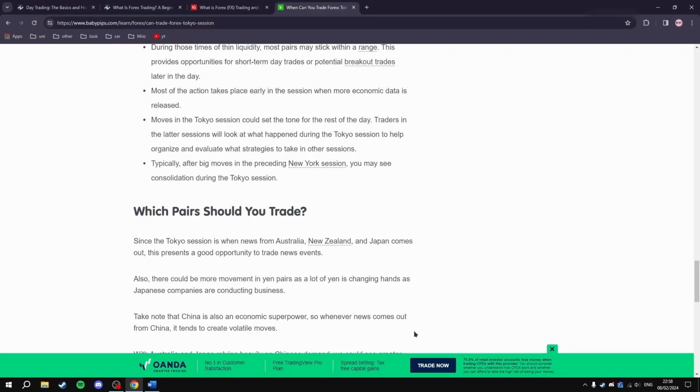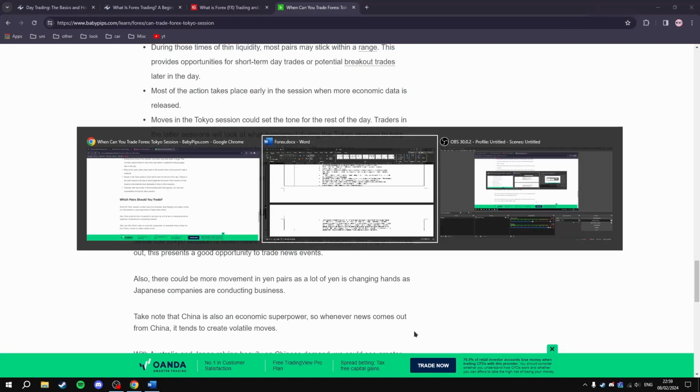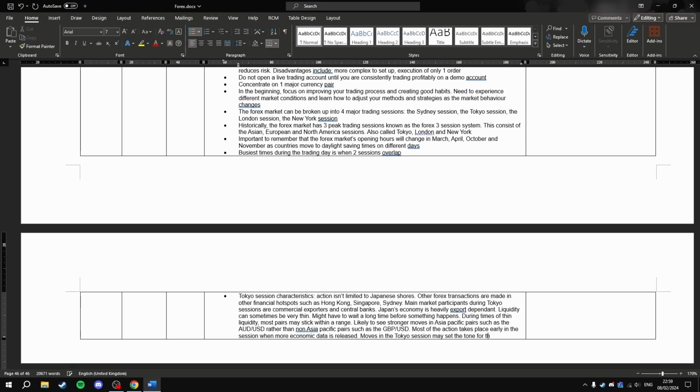Moves in the Tokyo session may set the tone for the rest of the trading day.